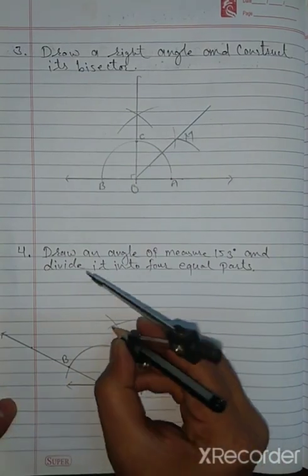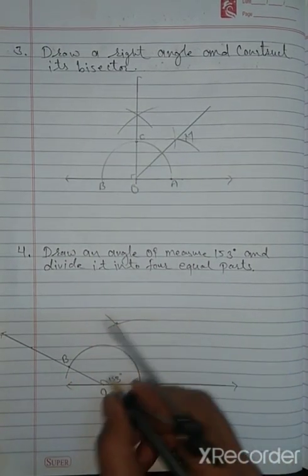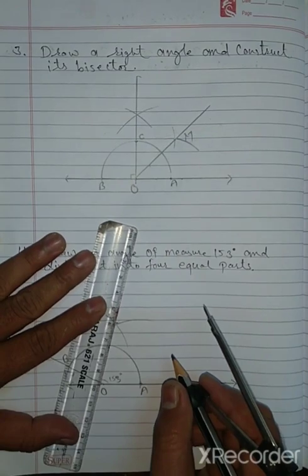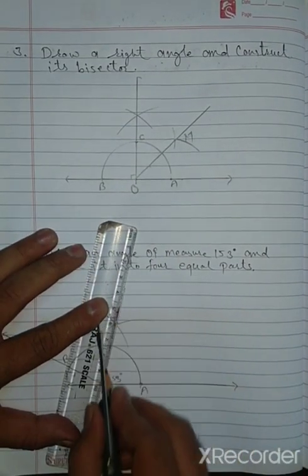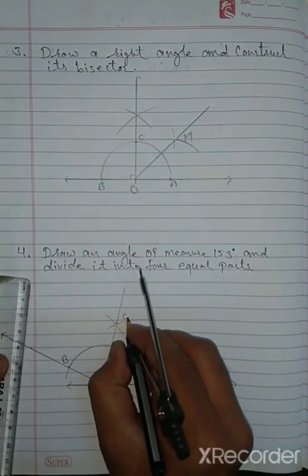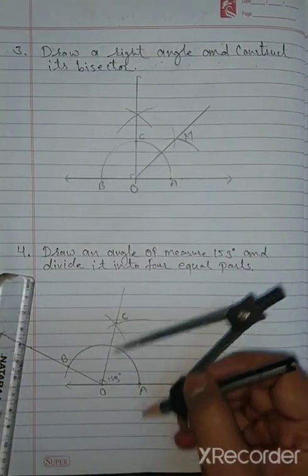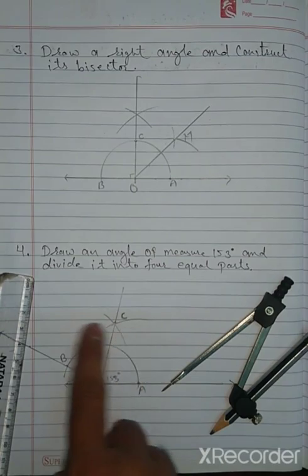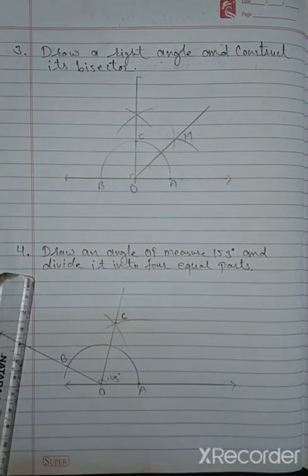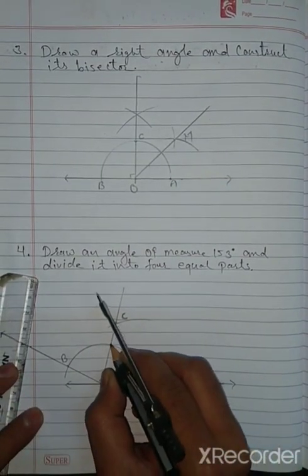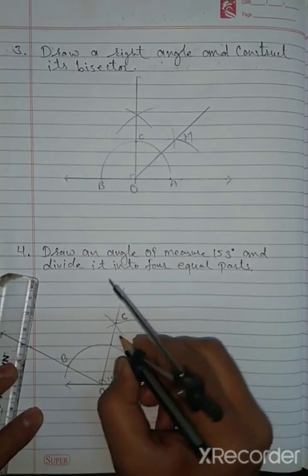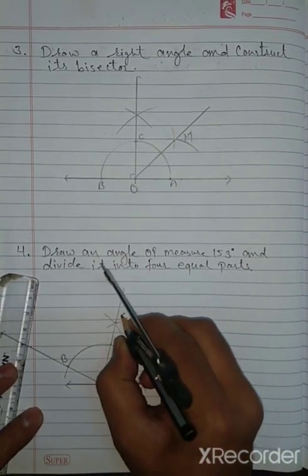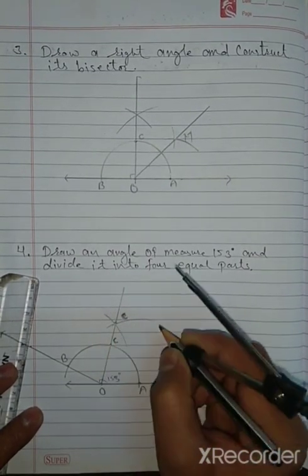Now join this point with O. Name this point C. Now OC is the bisector of AB. Now it is divided into 2 equal parts. I am writing the point name here, C.